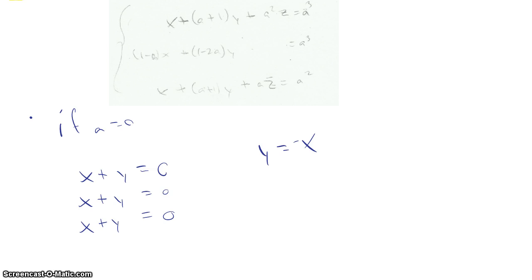So when you solve for y equals minus x, y has to be negative x, z is 0, and I have many cases.